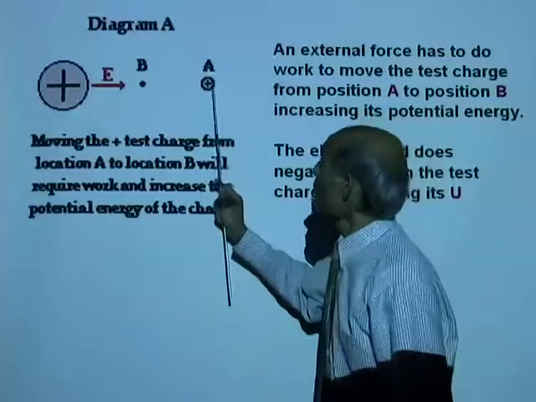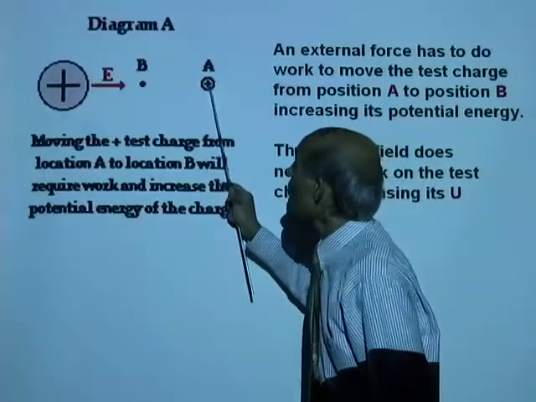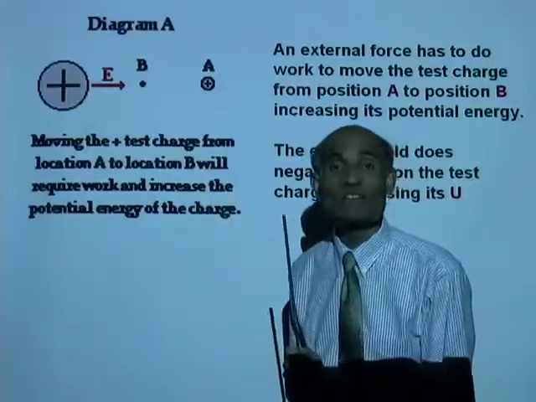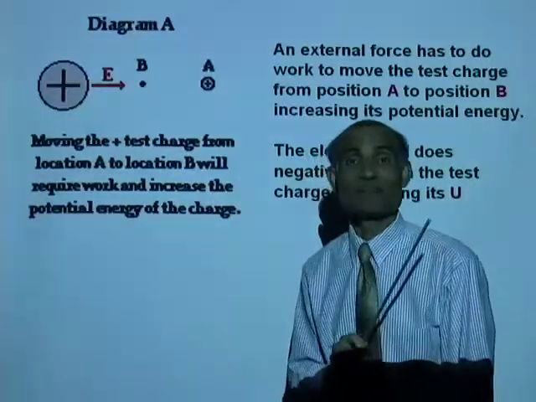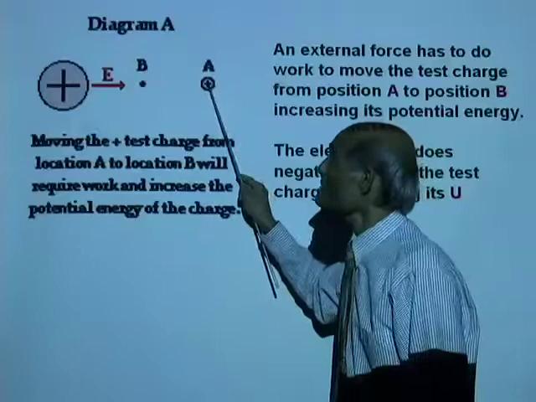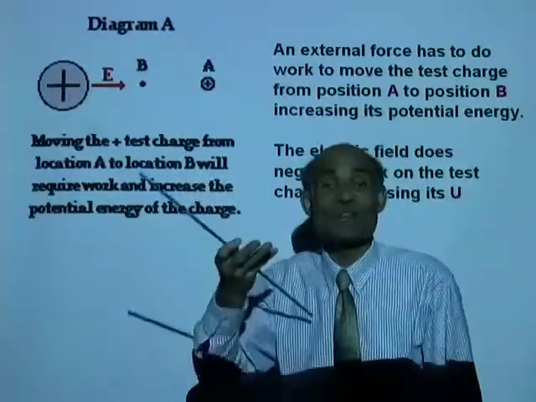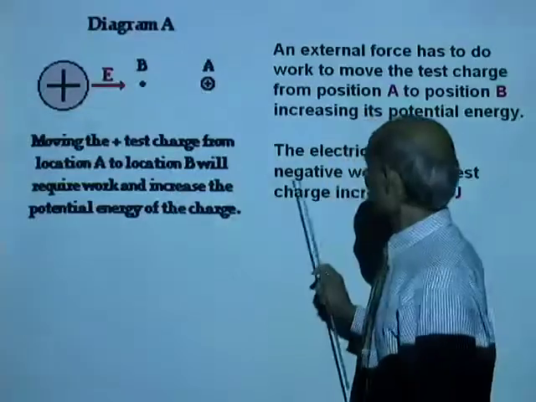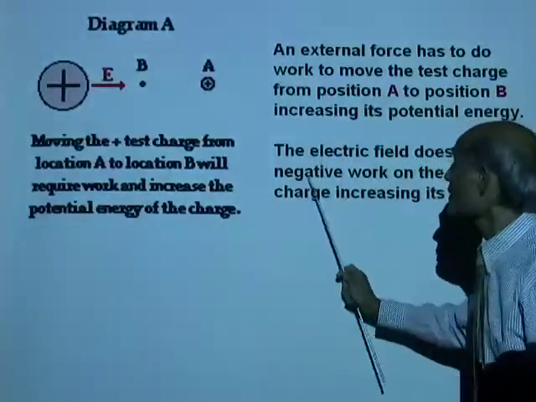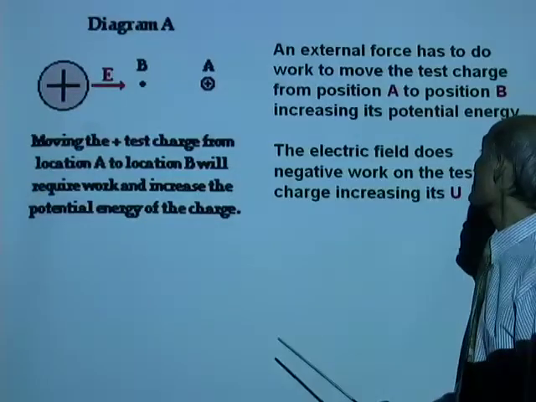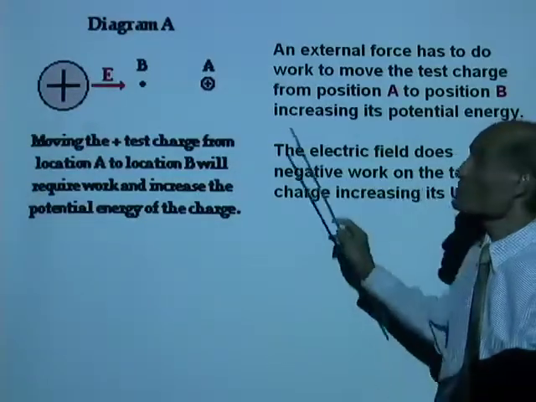Now tell me, when the object is moved from A to B, is its potential increasing or decreasing? When the positive test charge is moved from A to B, its potential increases. So the electric field does negative work on the test charge, increasing its potential energy.